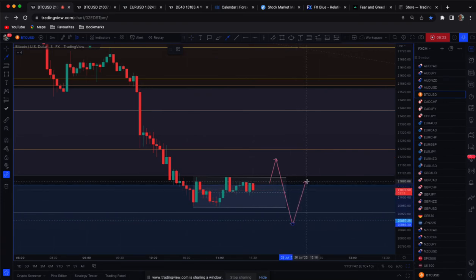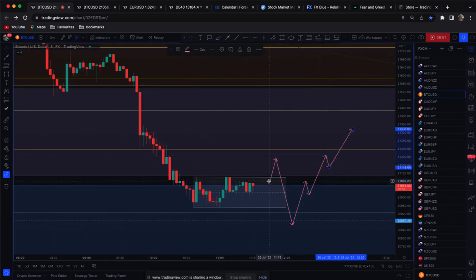But what happens is this is going to form something like this. You'll start to see higher highs, higher lows, this sort of setup. It's just a concept at the moment. It could go the other way, but once you see it sweeping both sides of the range, that's what I'm getting at.